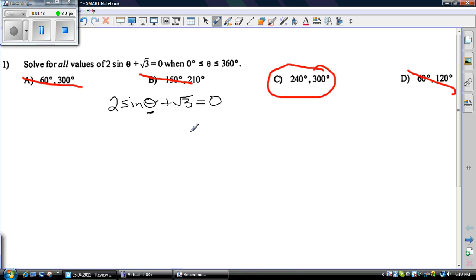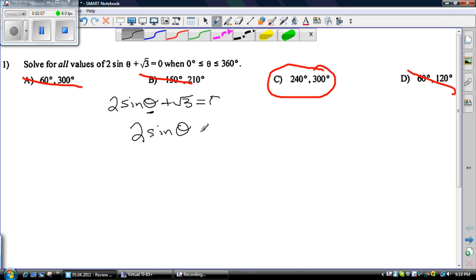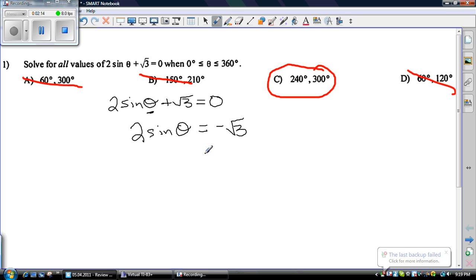If you wanted to try and do it out longhand, here's what you would do. You would subtract rad 3 from both sides and get 2 sine theta equal to the negative square root of 3. Divide both sides by 2.